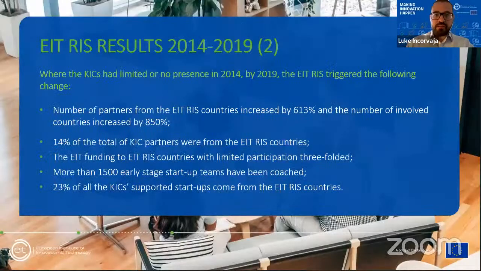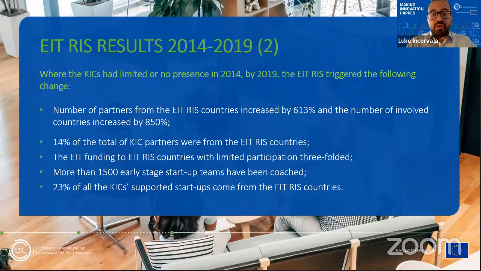I'll go to the next slide to maybe quantify exactly what I'm talking about when we say spreading or growing our activities. The number of partners from RIS countries between 2014 and 2019 increased by over 600%, with the number increasing even further by the end of the programming period in 2020. Also, the number of countries which have joined us, thanks to the RIS, has increased by over 800%.